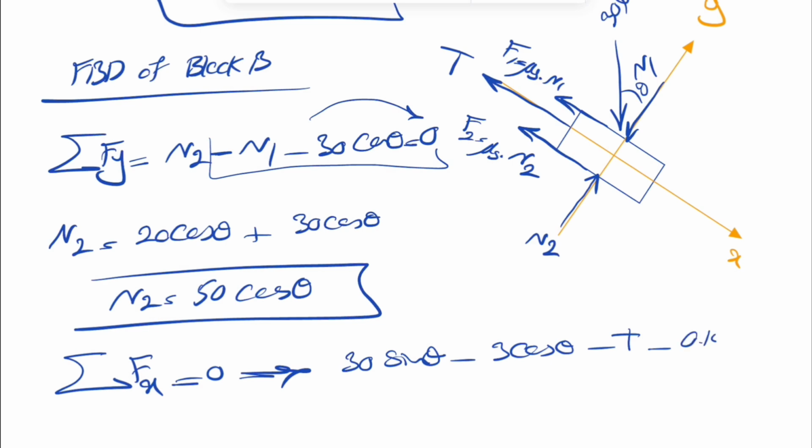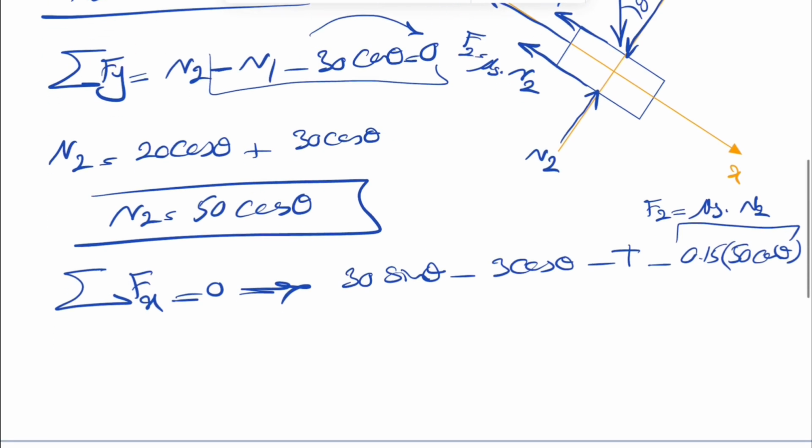F2 is 0.15 times 50 cosine of theta, so this is mu s times N2, which will be our F2. So we have 4 forces in total in x direction, and we have all of them in here.